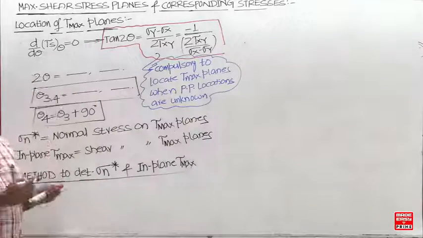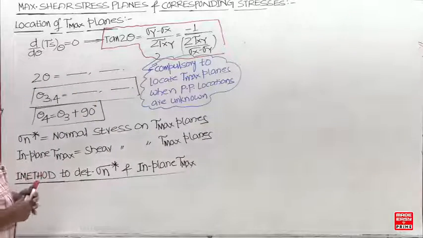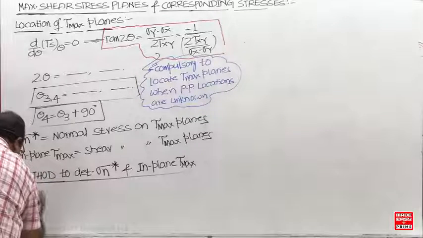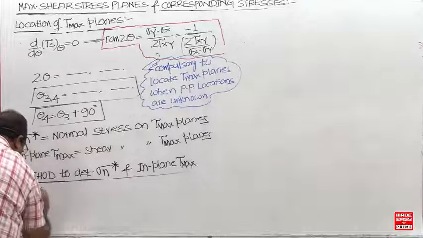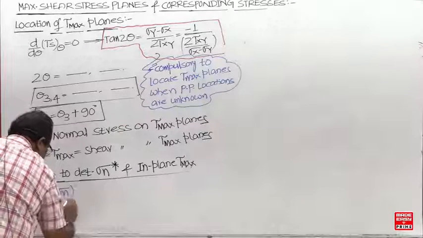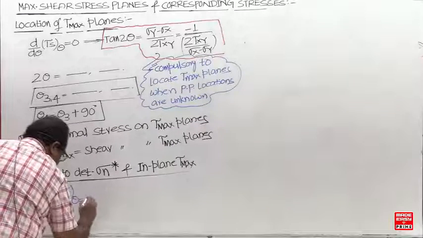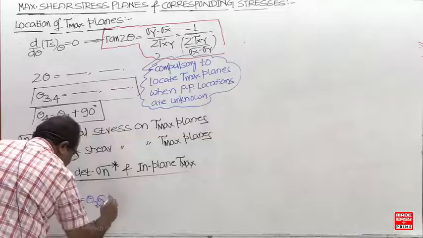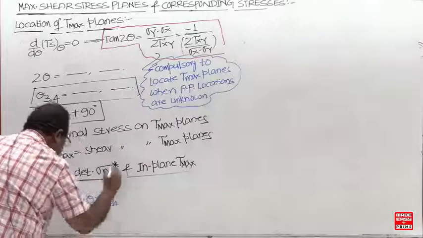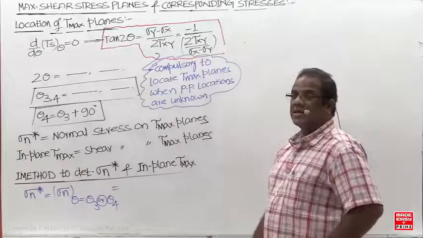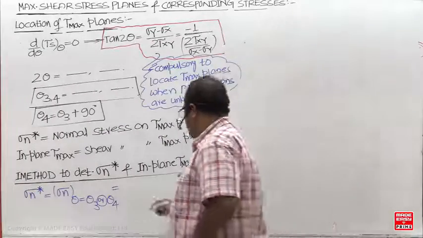First method is based upon the definition, based upon the concept. Now to get the sigma n star, in the sigma n equation, in place of theta, either theta 3 or theta 4, any one value can be substituted.